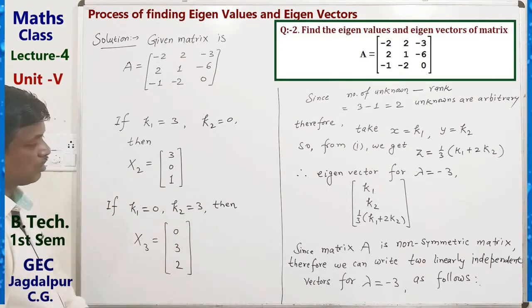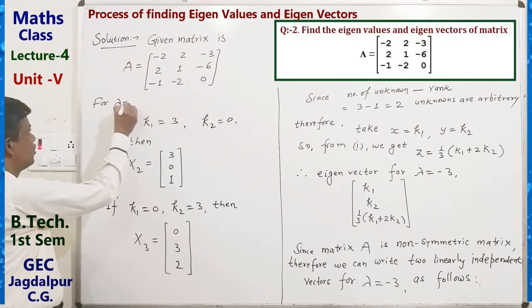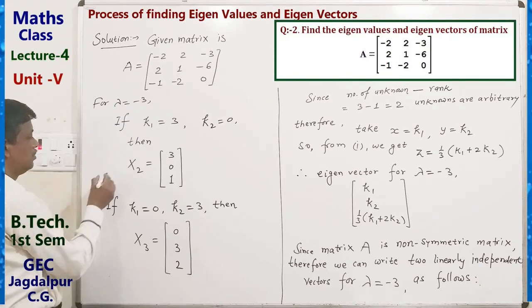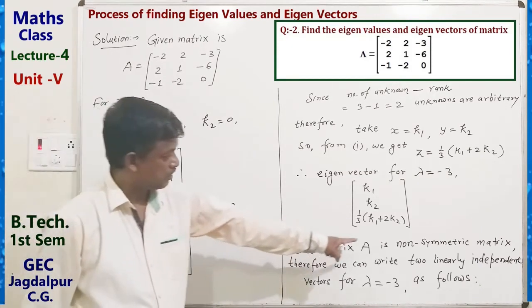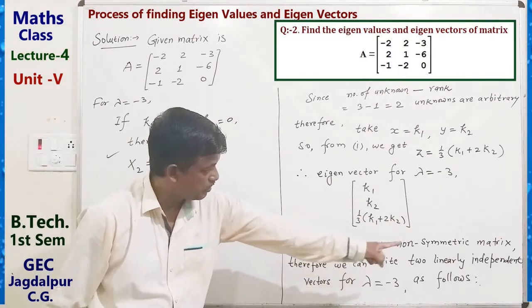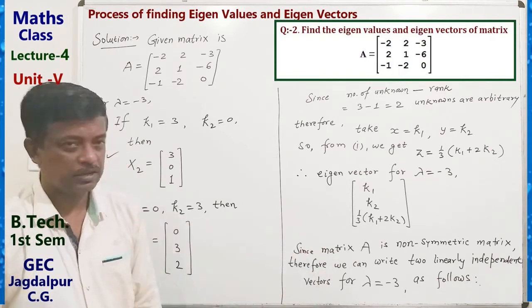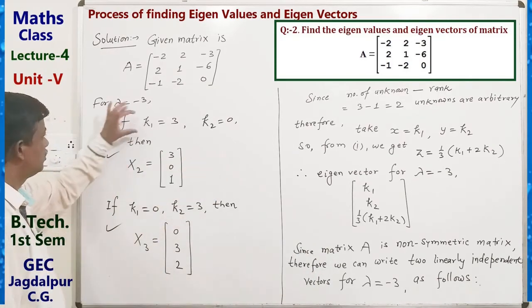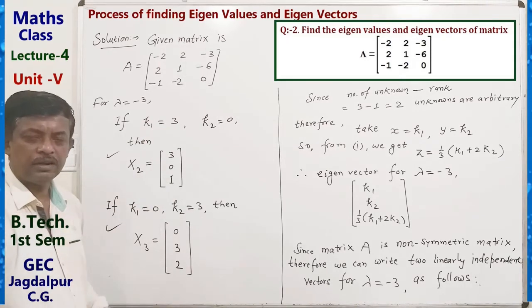So for lambda equals minus 3, this is one vector, this is another vector. Because the matrix is non-symmetric, we can write linearly independent vectors for lambda equals minus 3 by taking arbitrary constants as 3, 0 and 0, 3. So these two are linearly independent.